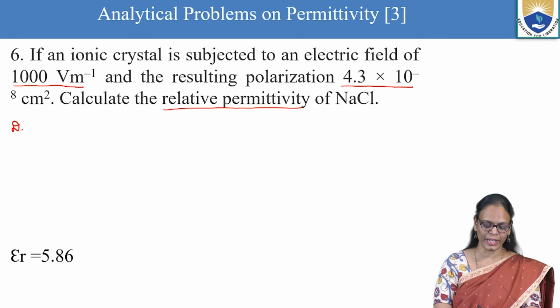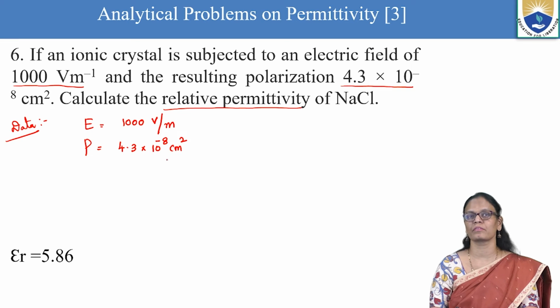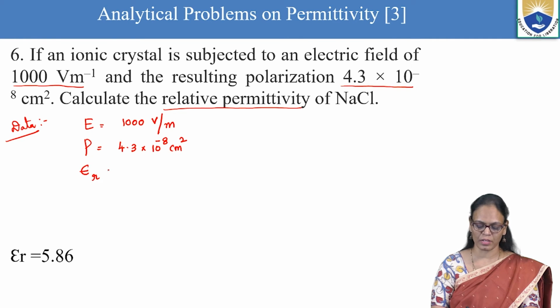So we will write the data first. Electric field is given, E is equal to 1000 volts per meter, and the polarization is given, P as 4.3 into 10 power minus 8 centimeter square. We have to calculate epsilon R for NaCl.